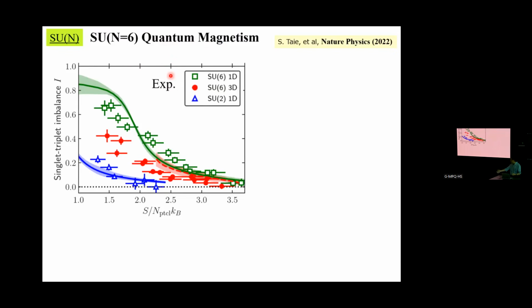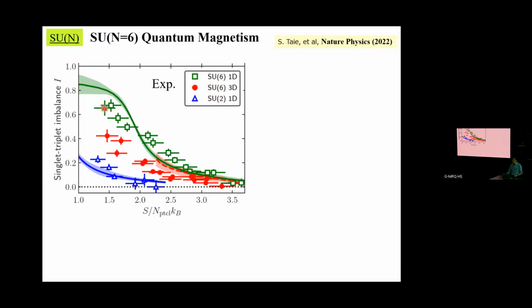In this research, we performed systematic measurement of spin correlation for various initial entropy, for 1D and 3D configurations, for SU(2) and SU(6) systems.